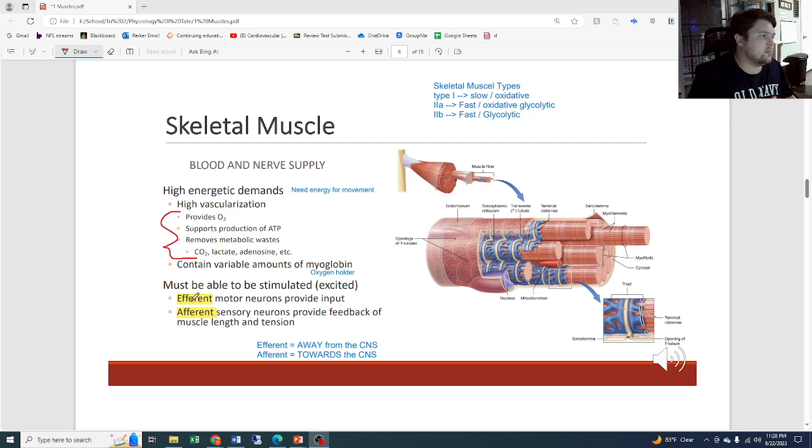Also, the skeletal muscle must be able to be stimulated or excited. In order for the skeletal muscle to be excited, a nerve has to run to it and actually transfer that signal. Remember, it's voluntary, so we get a signal from the brain. It's going to be in the frontal lobe, where our motor cortex is. It's going to send a signal down nerves through the spinal cord until it gets to the proper level where it's supposed to go out.